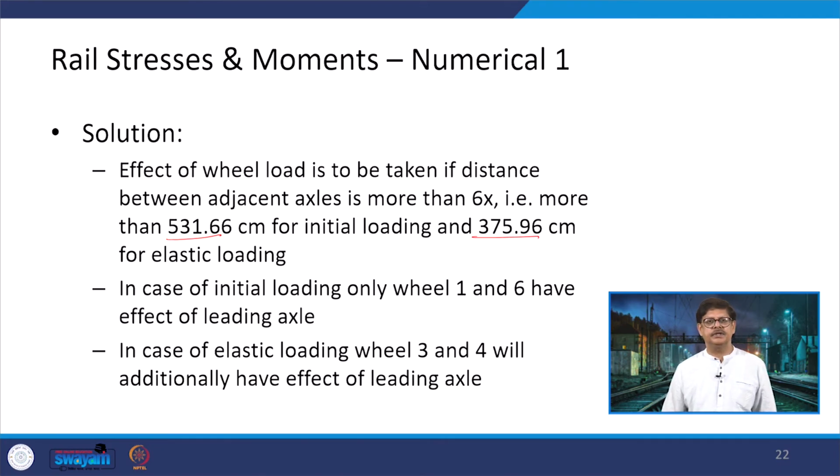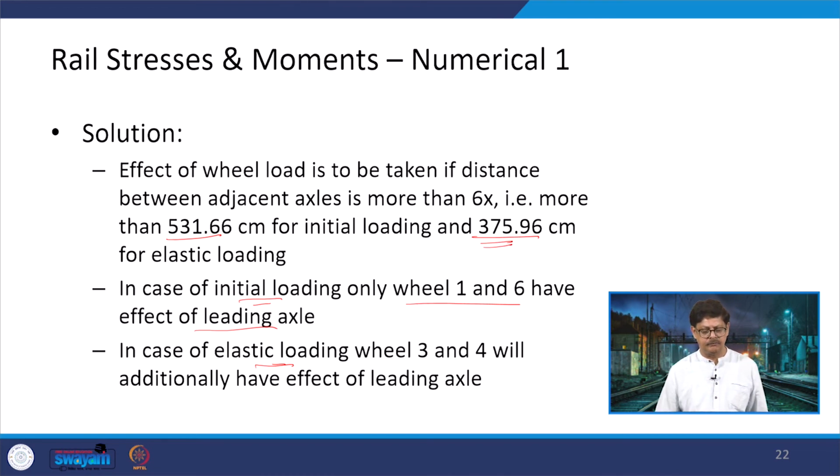Another thing is, in the case of initial loading, only the effect of wheel 1 and 6 is being taken with respect to the leading axles. So, this is for the initial loading condition. In the case of elastic loading conditions, what will happen because of these distances? Here, if you see the elastic load condition, the distance is 375.96.